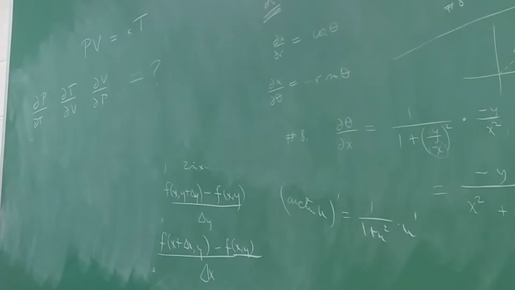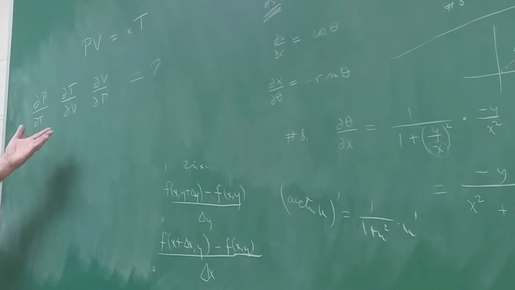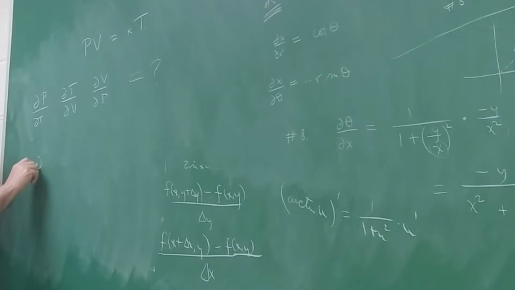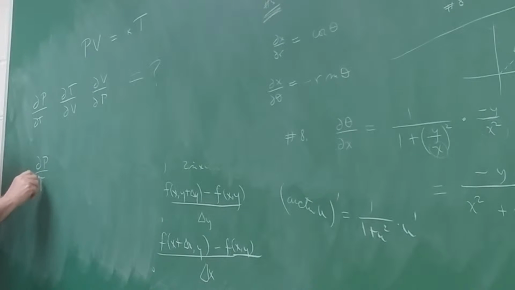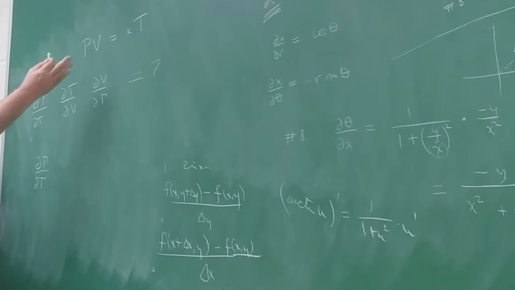And if this stuff worked like Calculus 1, what answer do you expect to get? 1. Everything would cancel. And I'm going to show you it doesn't turn out to be 1. So let's do del P del T, and what does that mean? That means the derivative of P with respect to T. Yeah, but what do I do with that equation up there?